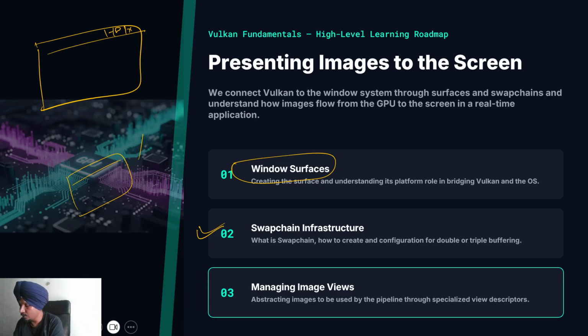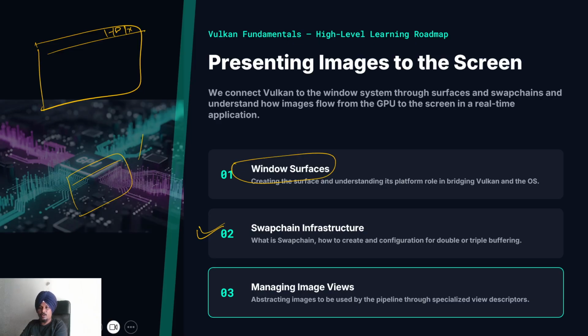What you need to understand here is basically double buffering and triple buffering, and that is something we covered in swap chain. In swap chain we create images, or frames. Those frames are presented onto the screen.